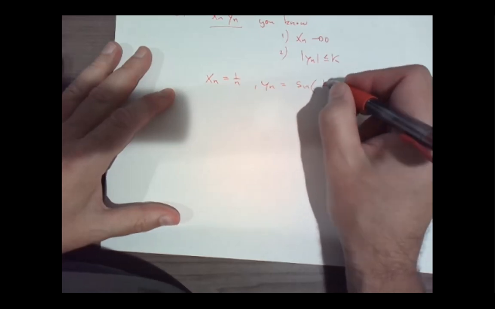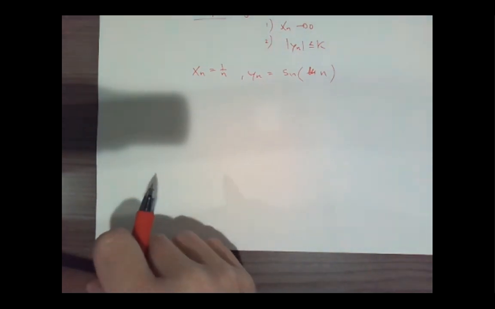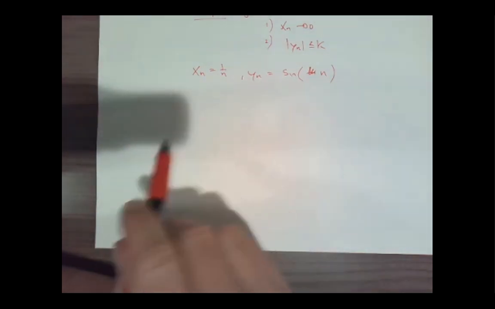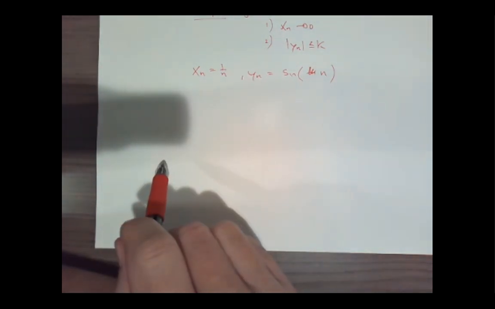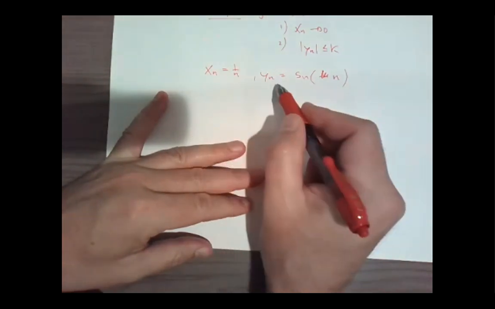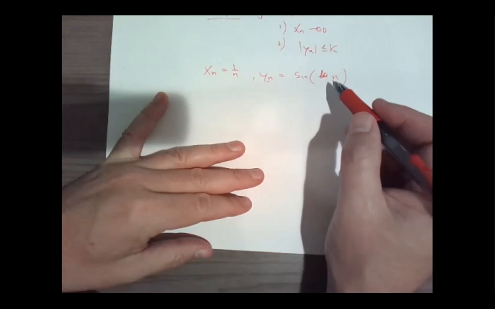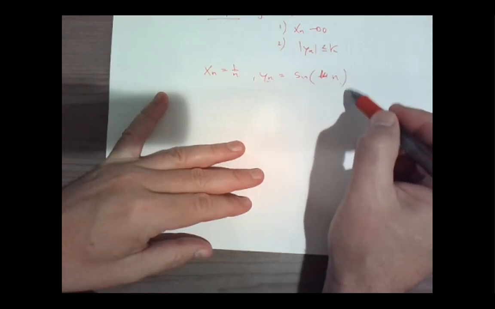I've seen the example before with the function x sine 1 over x, and as x approaches 0, as it gets closer to the origin, I think there's a squeeze theorem thing. It's the same thing. If you look at this example, the yn is just sine n, so as a function of n it oscillates between -1 and 1.